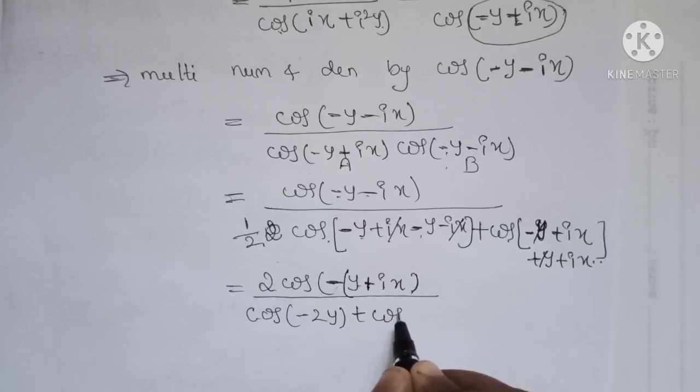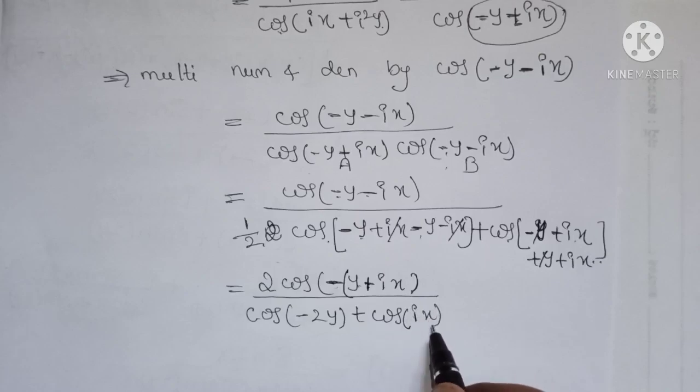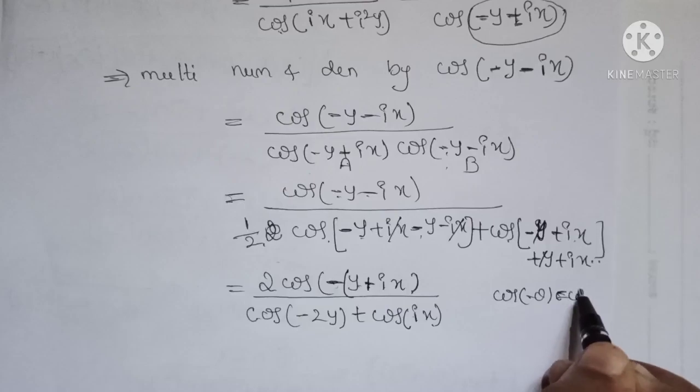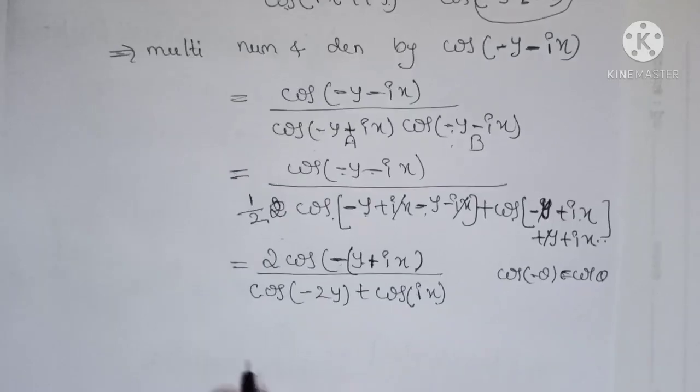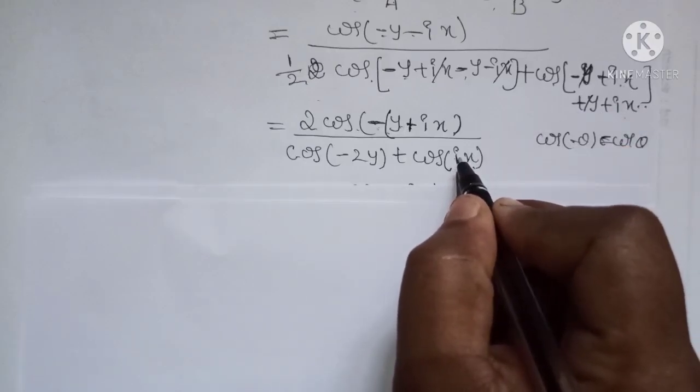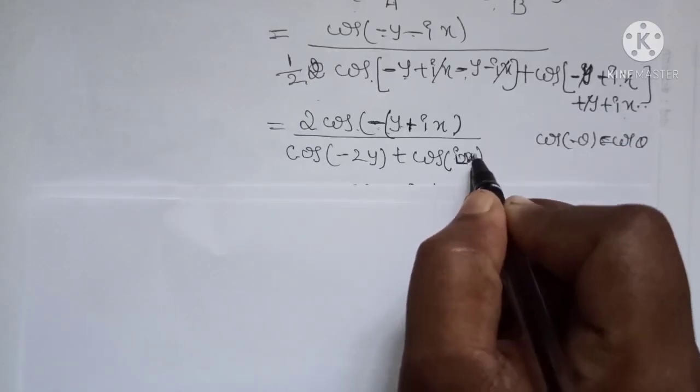The denominator becomes cos of minus 2y plus cos of 2ix.